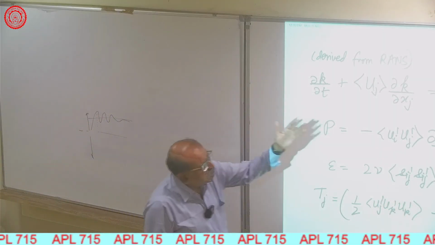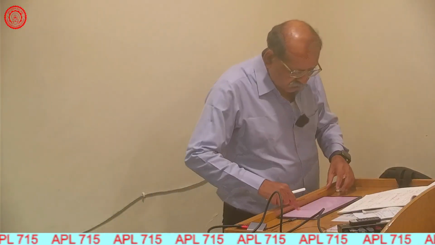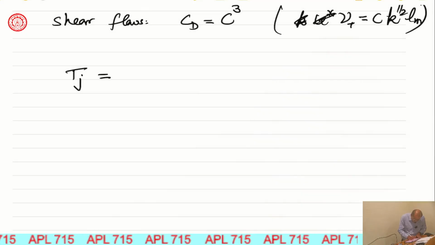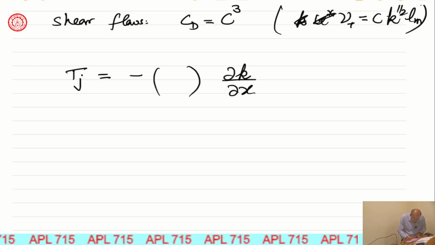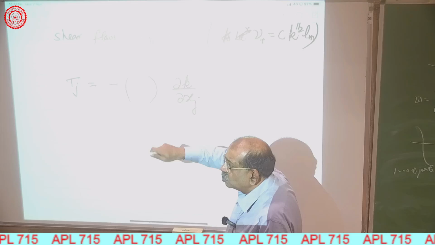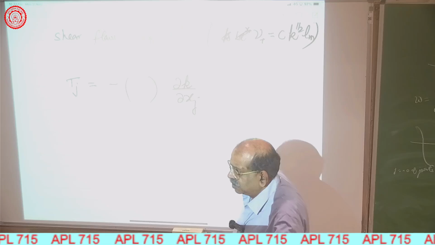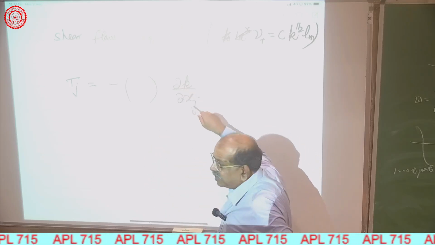So what we do is to model the transport term as equal to minus a constant times dk by dxj. I'll put in the constant in a minute.